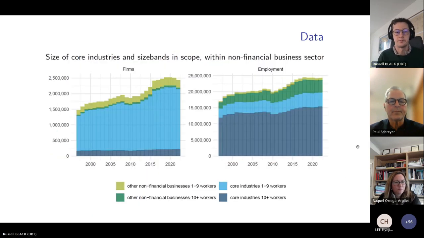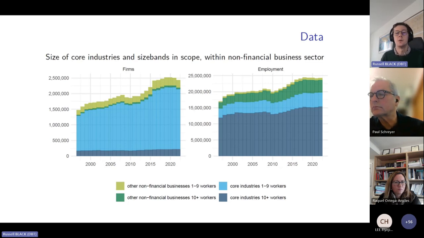To show you what this looks like, the UK economy is about 30 million workers. Of those that work in the non-financial business sector, about 20 to 25 million. Of those that we're taking in this exercise, around 12 to 15 million.